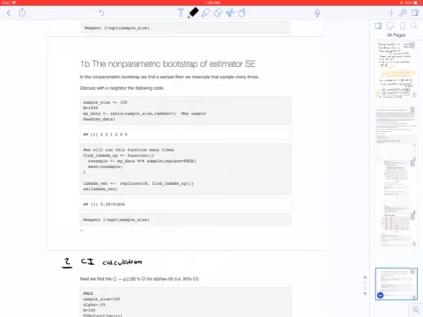Just note that in this step right here, we're taking our sample from my data. So you're drawing from my data with replacement many times, calculating the mean from each sample. That gives you a vector of means, and then we're just taking the SD.